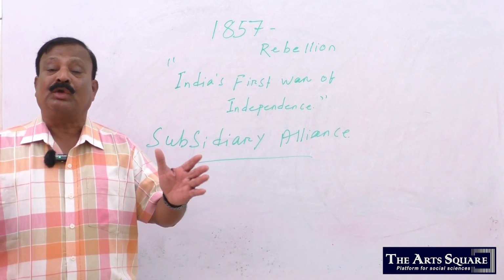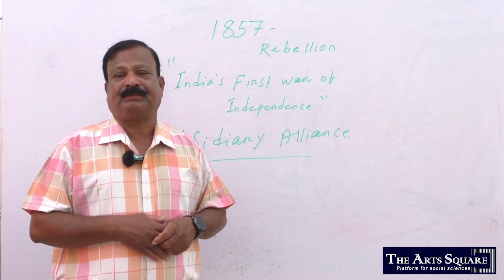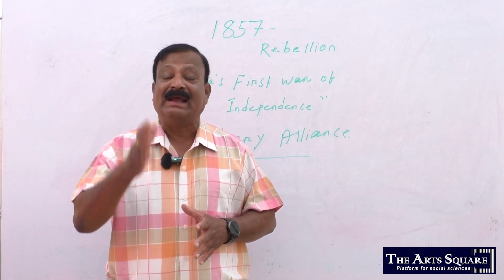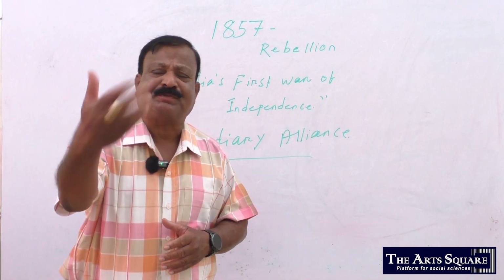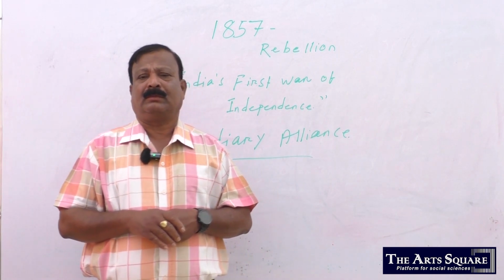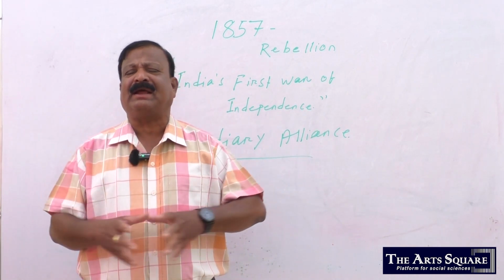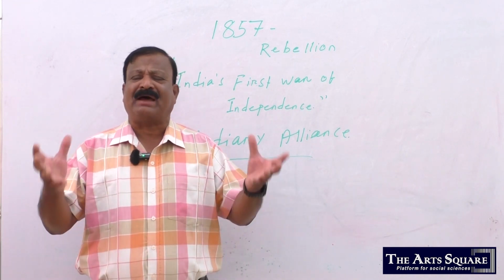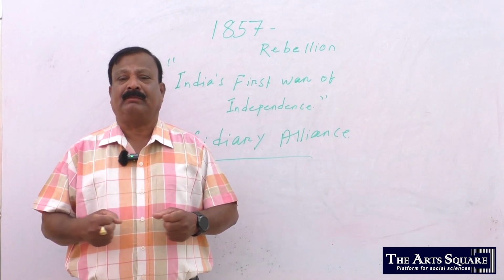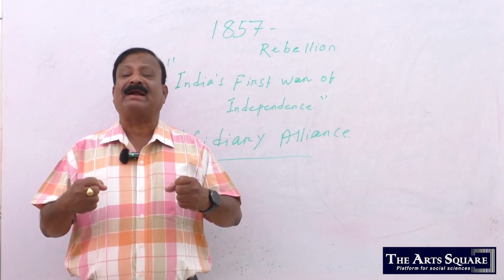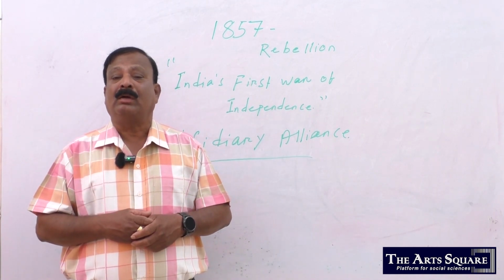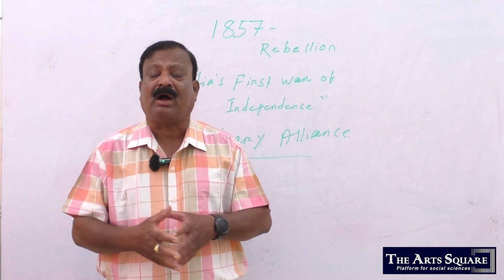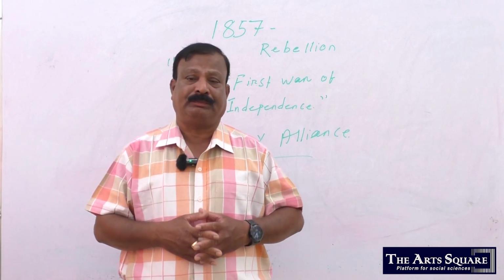So there were a number of kings like this. But Wellesley said that these kings are very dangerous for the British rule. They will not accept the British. They will not care about the British because they are very strong, energetic, and they are always inviting us to war. But the British were not interested in starting a war with them because they had no army power.